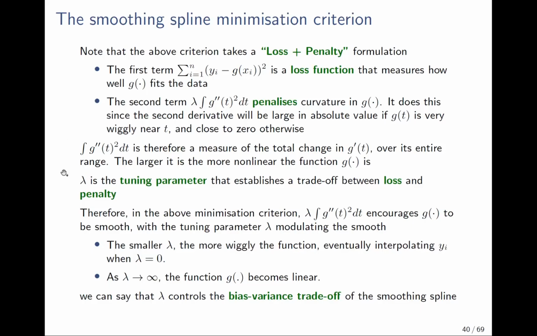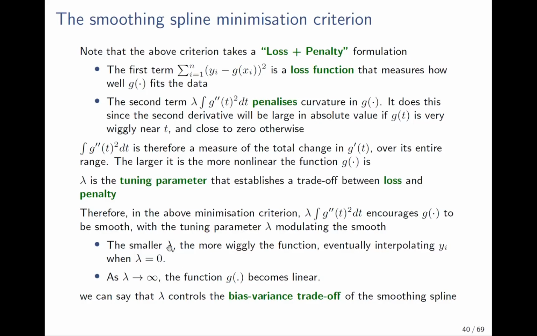And that's what we're going to try and penalise, and we're doing it through this parameter lambda, the tuning parameter, which is there to establish a trade-off between loss and penalty. So in the above minimisation criterion, this term encourages the function to be smooth, and the tuning parameter modulates that smoothness.